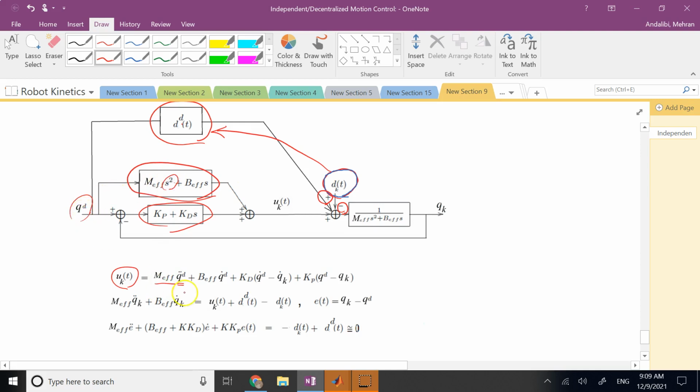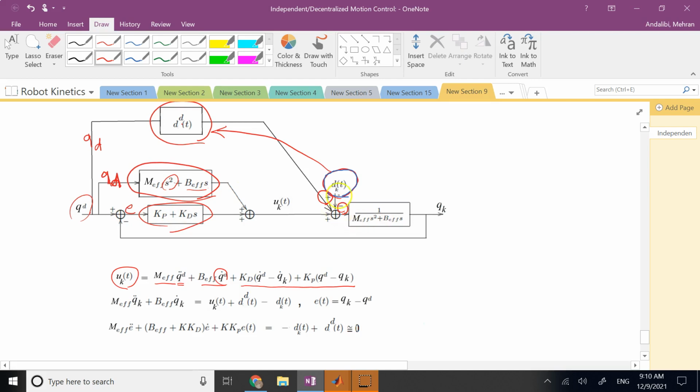When you apply it to QD, you get QD double dot, plus B effective times S times QD, which is QD dot, plus KP and KD times the error term. Remember, this guy is the error, this guy is the QD. So QD goes to the DD and to the F block, but the error goes to the H block, right?